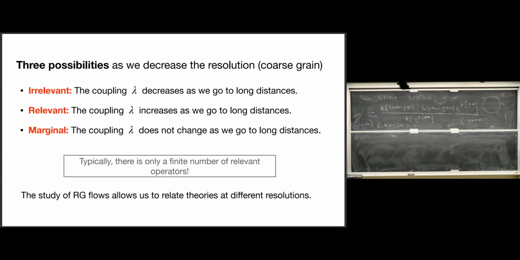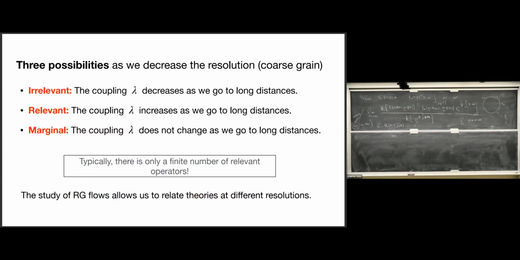For these reasons, that the couplings vary with respect to the energy, the length scale at which you probe the system, people have come up with the following terminology to describe the three possibilities that can happen once you coarse grain your system, once you decrease the resolution. We call operators irrelevant if the couplings decrease as you go to long distances in the infrared.